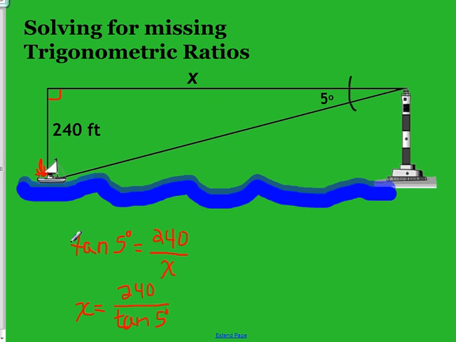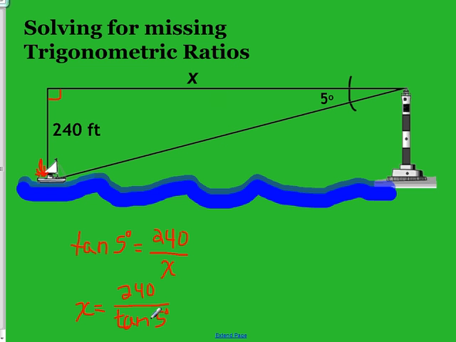Basically, I just multiplied this up here and divided that down there. Now, using your calculator, this is a chapter where you're going to specifically need a calculator, because we can't just figure out the tangent of 5 without it being a big old mess, and we want to keep it as simple as possible.